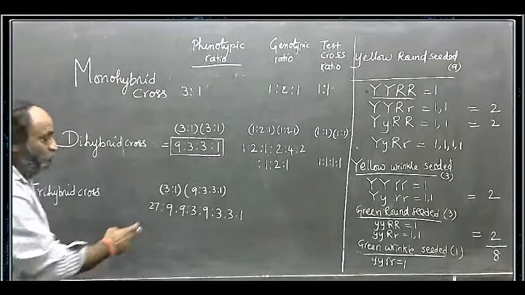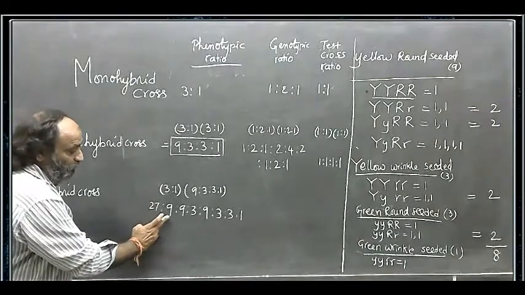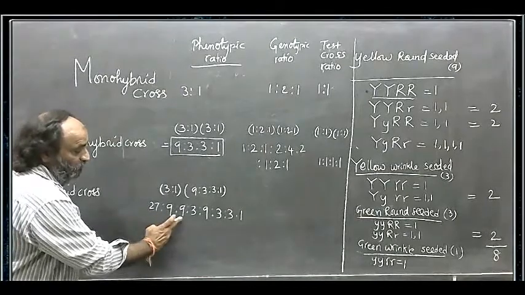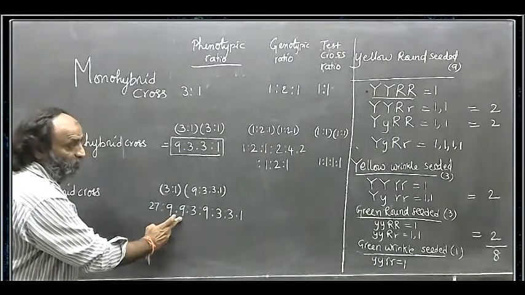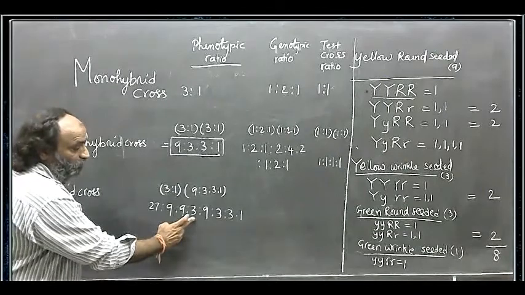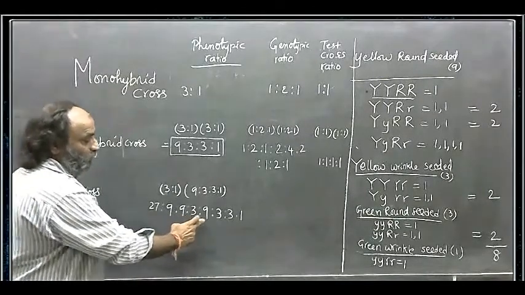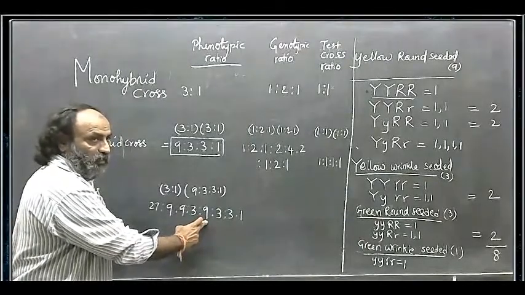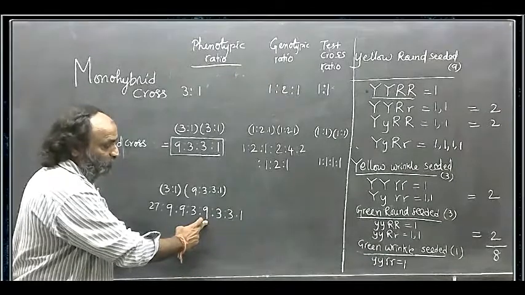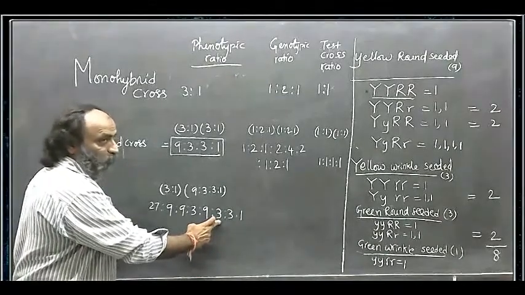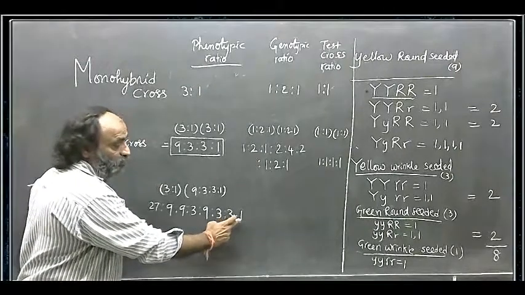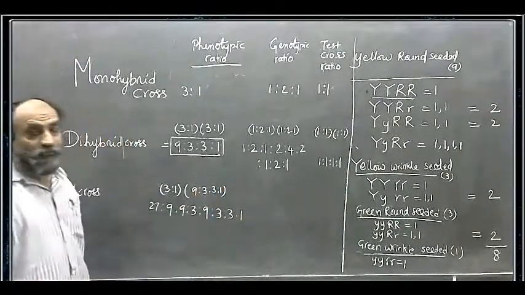You can count: 27 plus 9 is 36. 36 plus 9, 45. 45 plus 3, 48. 48 plus 9 is 57. 57 plus 3, 60, plus 3, 63, plus 1, 64.